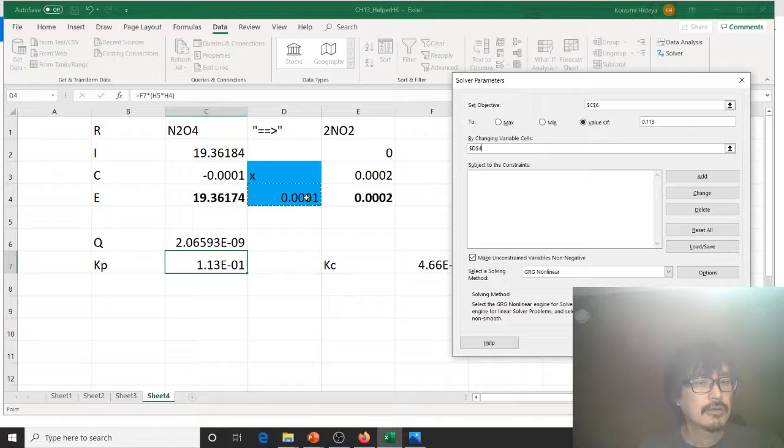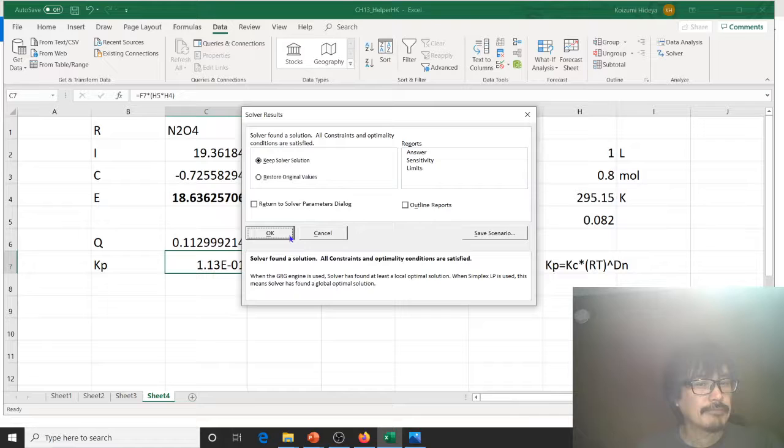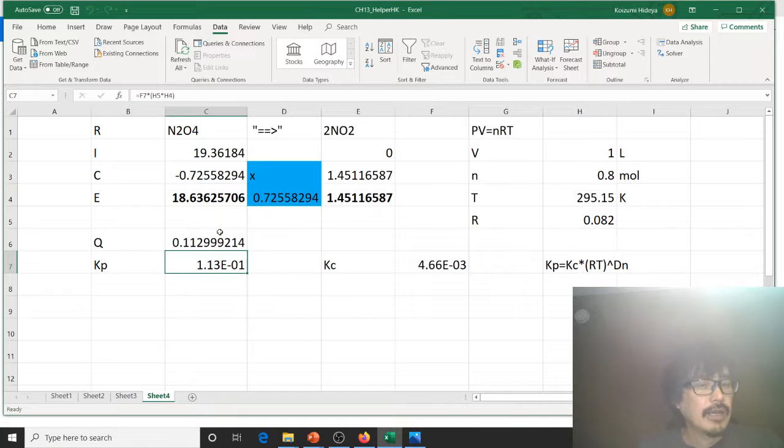Did you follow? I want to change this cell right here to go to the value of that value right here by changing that one, and then just solve it. Voila, it's already done.